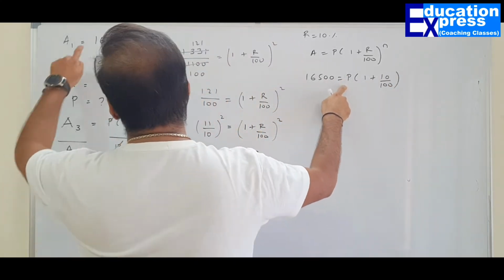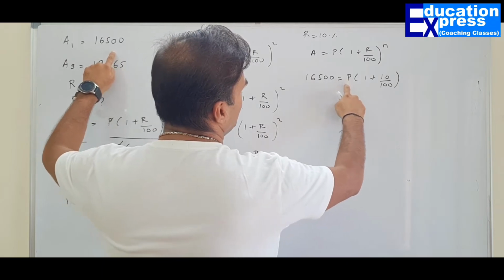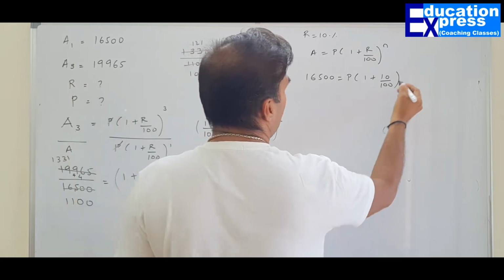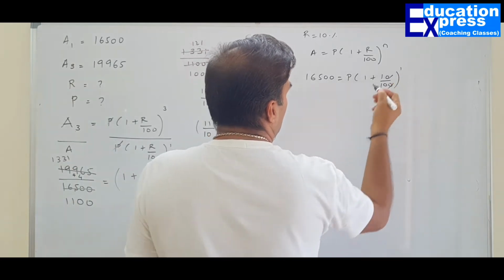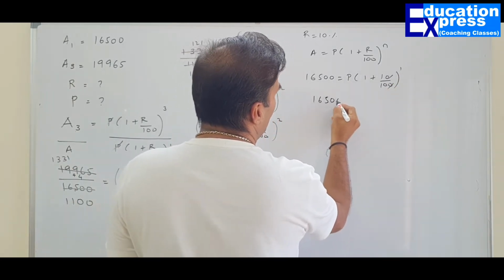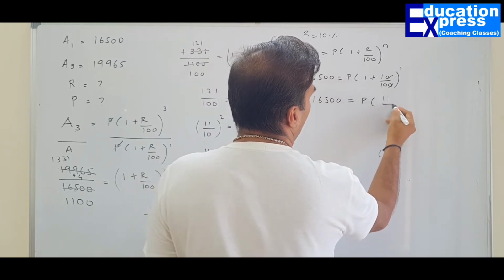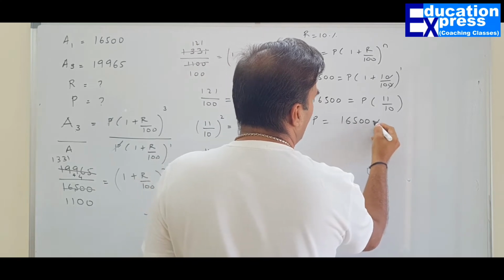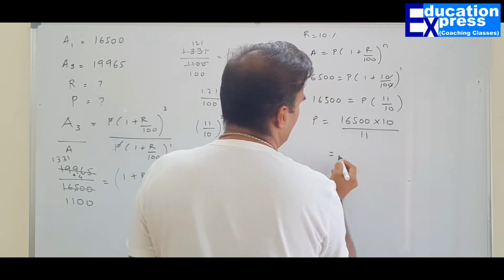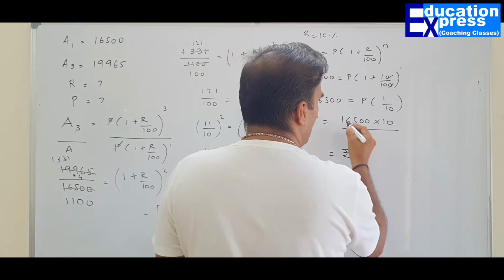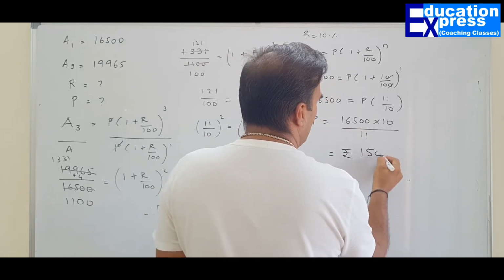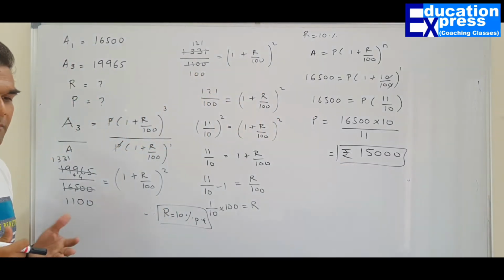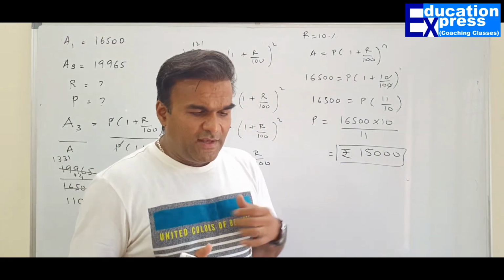This was at the end of 1 year, so we take it as 1 year. 16,500 equals P into 11/10. So 16,500 multiplied by 10 upon 11. This is going to be 15,000. So my dear friends, it was a very, very simple question.